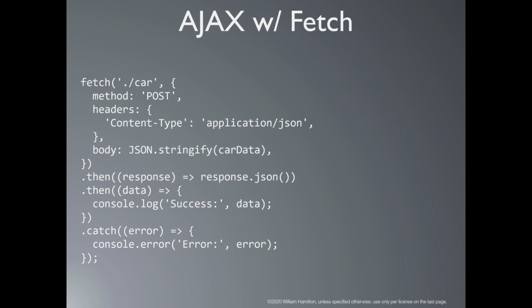And so to catch that promise, we call .then again, and we get the JSON data of that promise. It's a success. And we have more examples here. And in case anything goes wrong, we have a catch. So this is sort of like a try-catch block in other languages where we can catch an error. And we can do that anytime we're using promises to catch errors that happen in our sequence.